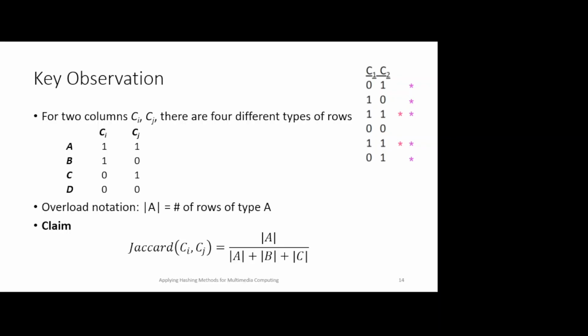So here you see the types belong to type C, type B, type A, type A, type C. So in total here we have 5, right? And we don't count the 0 type. Okay, do you agree? The Jaccard coefficient can be calculated using this.